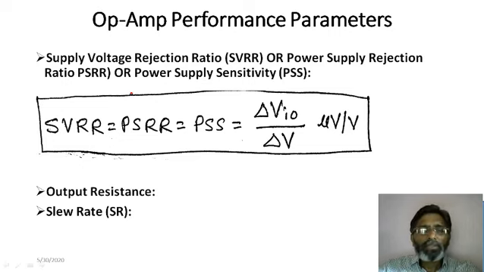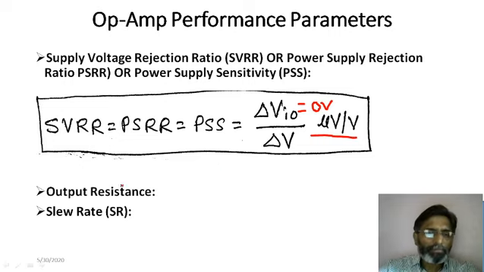Its formula is delta VIO divided by delta V, and it's represented in the unit microvolt per volt. Obviously what we expect is that for an ideal op-amp, this change in the offset voltage should be 0 volt. So if it is 0, your SVRR or PSRR or PSS should be 0. For an ideal op-amp it should be 0, and for a practical op-amp it should be as small as possible.